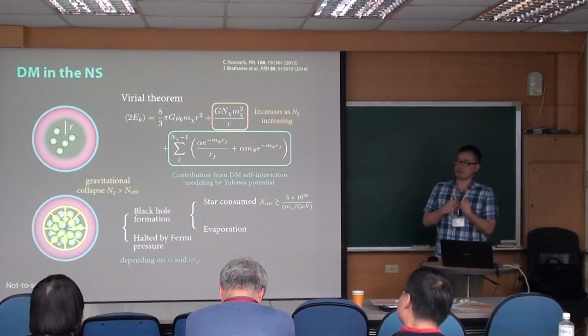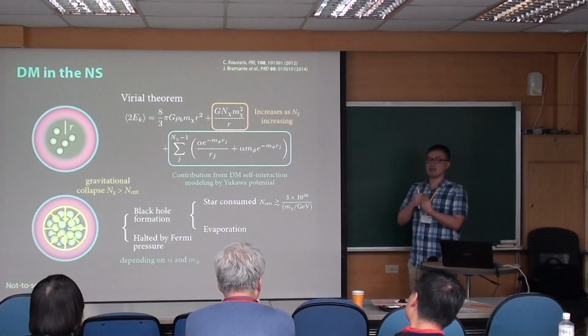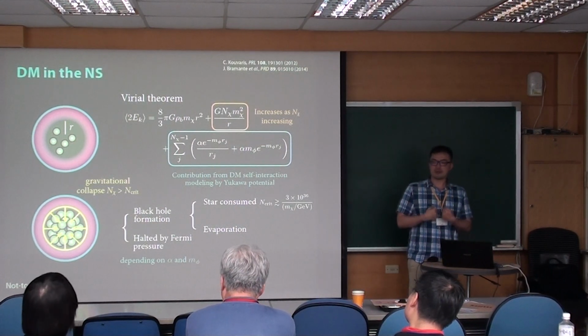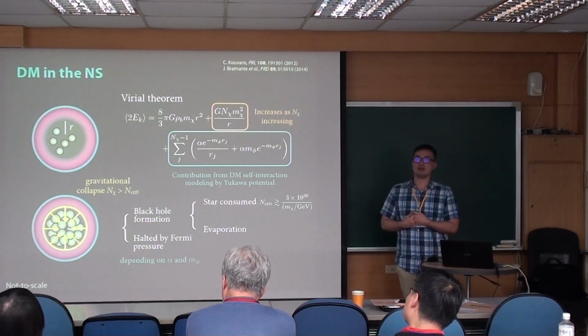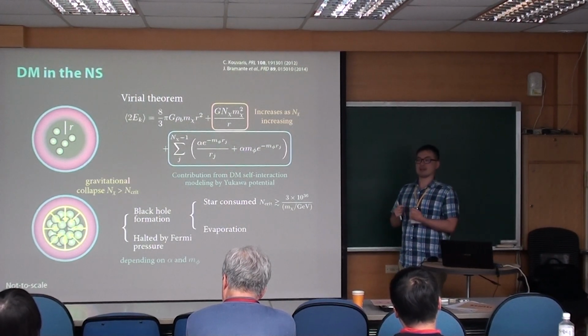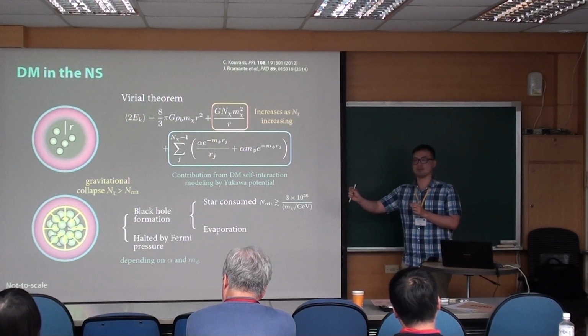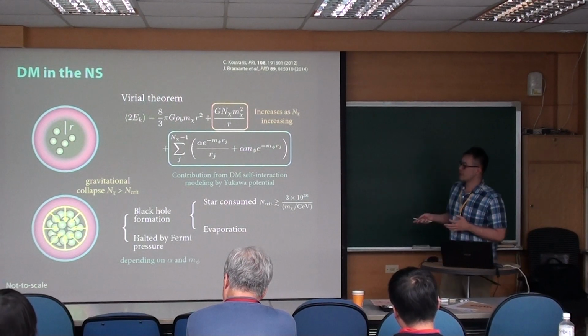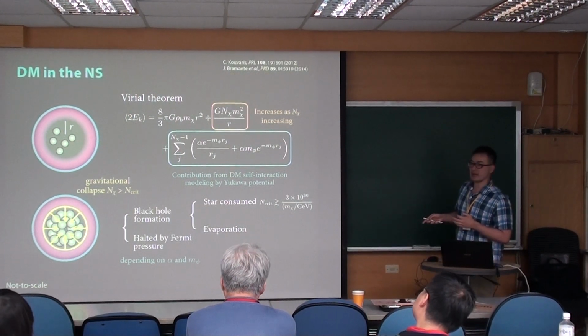So in this case, we assume that after the scattering, the dark matter thermalizes with the neutron star core very quickly. For a neutron star core, the temperature is around 10 to the 5th Kelvin, so such kinetic energy cannot sustain the dark matter on the surface of the neutron star. It will, in principle, be dragged close to the core of the star. And this region is not so big, perhaps the radius is a few centimeters.